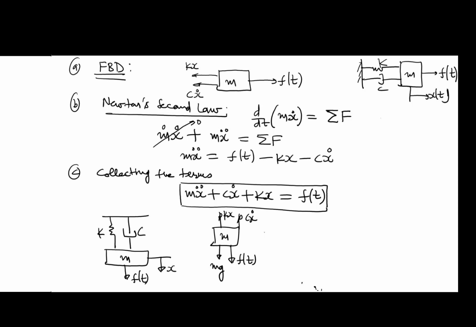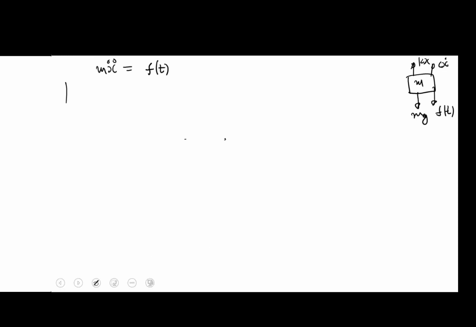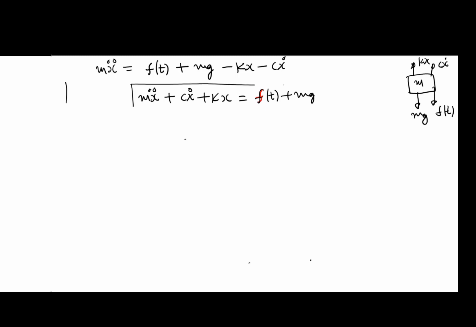So now if we again write the equation of motion, we have F of t plus mg minus Kx minus C x dot. So in that case our equation becomes m x double dot plus C x dot plus Kx equal to F of t plus mg, right? This is what we'll get as the equation.